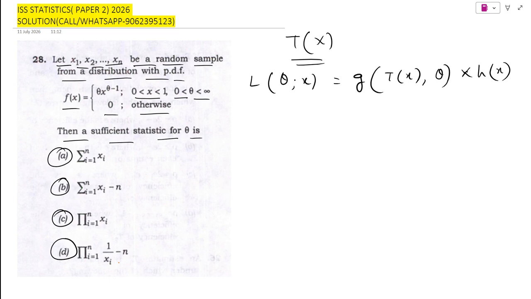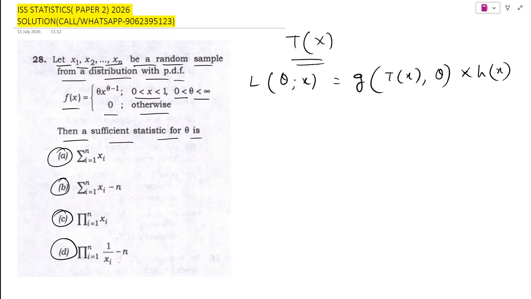So today's objective is very simple: write the likelihood and identify the statistic through which the parameter appears. Whenever you hear the words sufficient statistic, your first reaction should be to write the likelihood. Never start by guessing the answer.